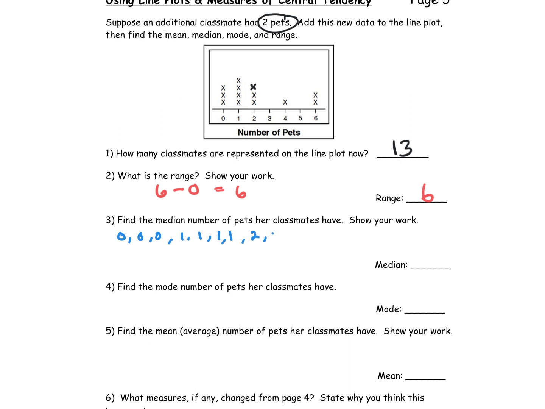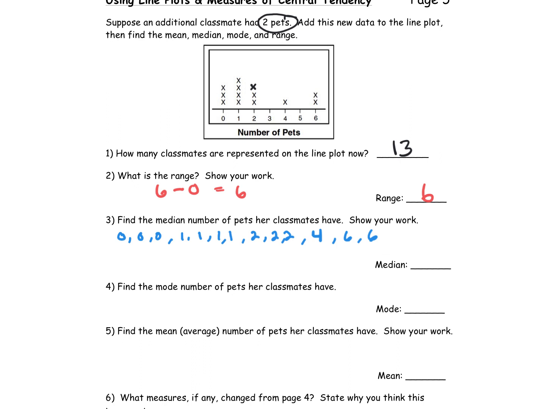We have 3 classmates now that have 2 pets, so there's 3 twos. We still have 1 classmate that has 4 pets and 2 that have 6 pets. And again, we mentioned that there should be 13 items or 13 classmates that answered. So 1, 2, 3, 4, 5, 6, 7, 8, 9, 10, 11, 12, 13.